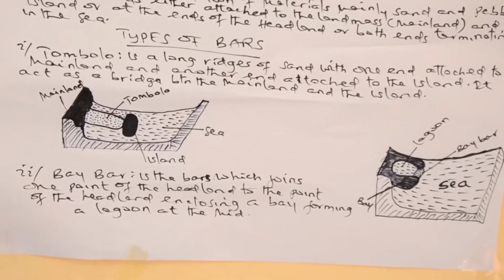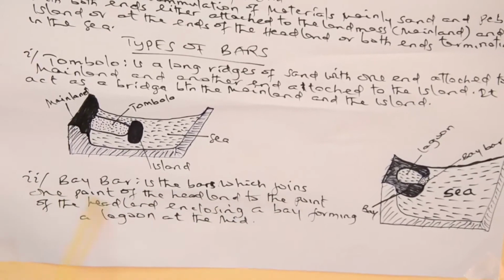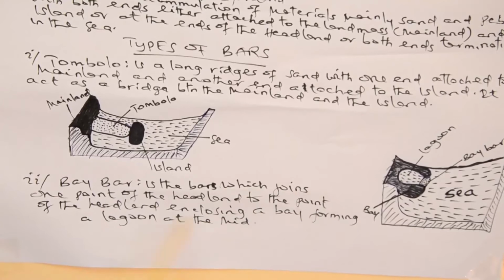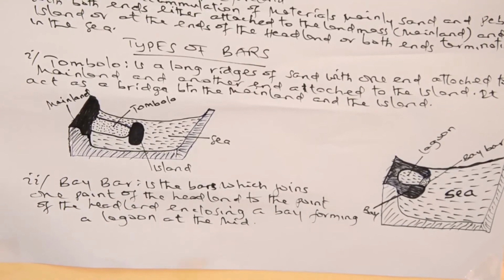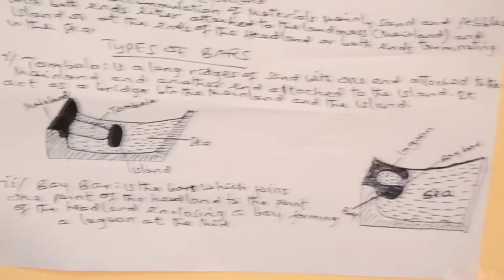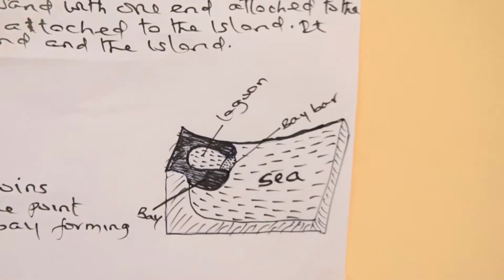Another is called the bay bar. It is the bar which joins one point of the headland to another point of the headlands, enclosing a bay and forming a lagoon. Therefore, a bay is formed after the cave takes place.